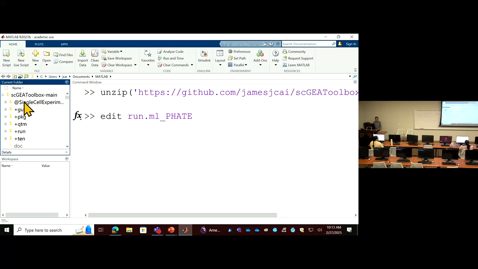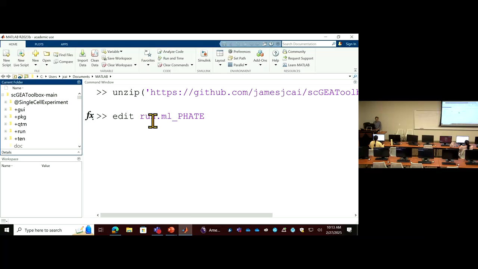If I open this subfolder of this package, this function is embedded into a subfolder called +run.